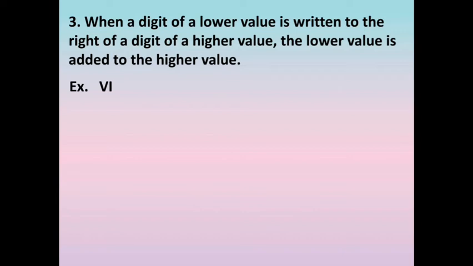So V means 5, and 1 is added to V. That means it will become 6. So 1 is added to 5 because the lower value is written to the right of a digit of a higher value. That means 5 is the biggest number and 1 is written beside it, so we have to add it.